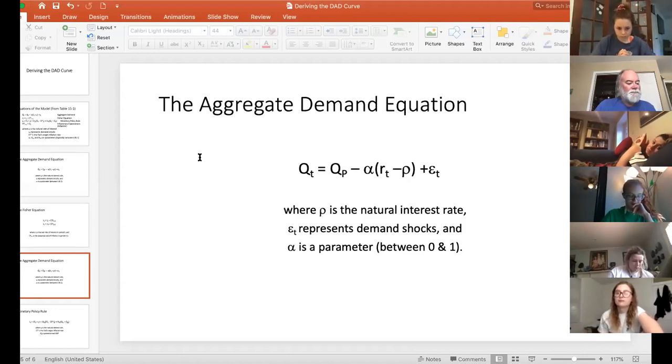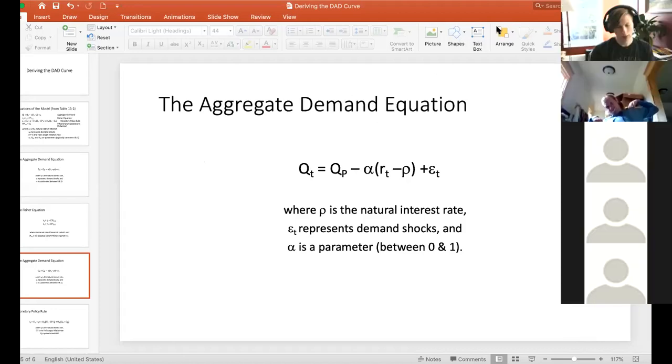All right. Now, the second part of the story here is GDP diverges from potential when epsilon changes. Epsilon represents demand shocks.